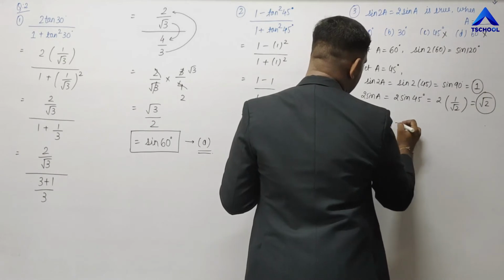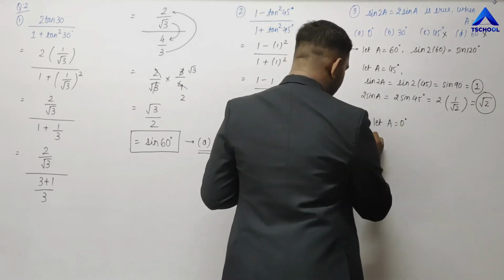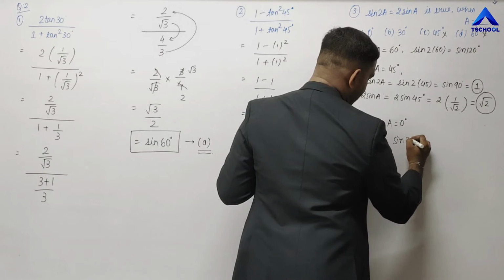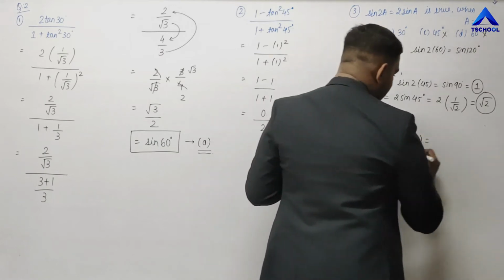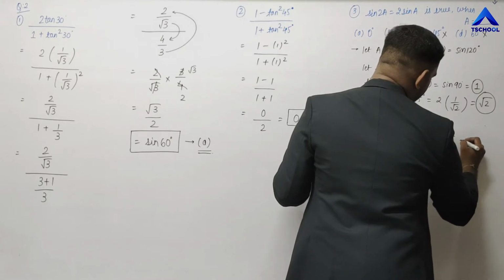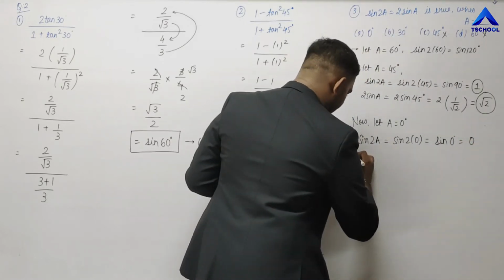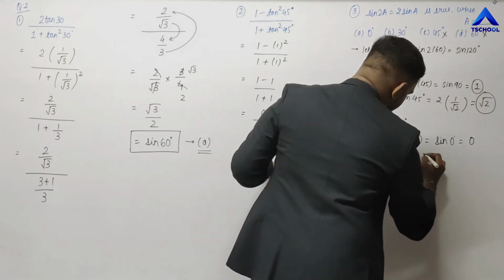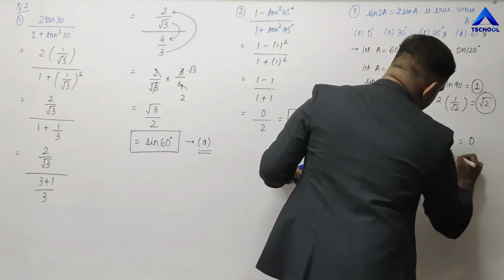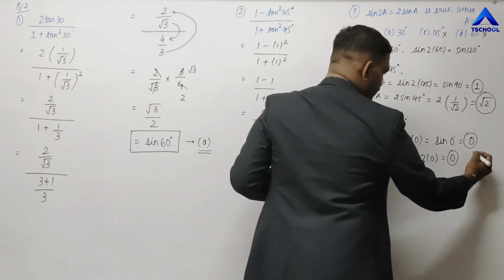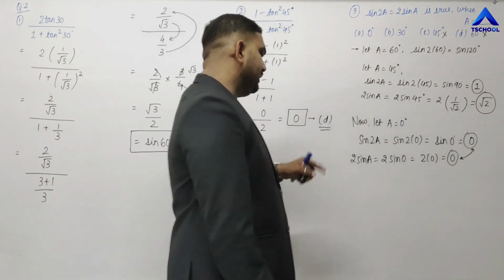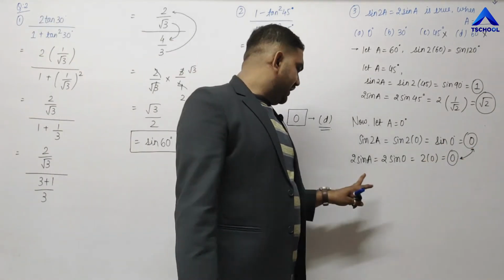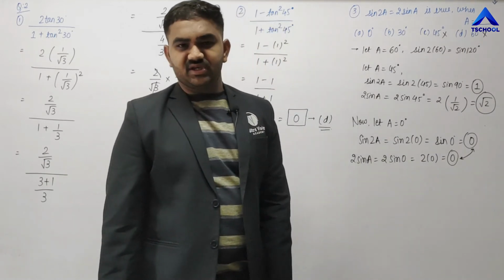You can similarly check out 30 also, but now let a equal to 0 degree. First of all we will find out sin 2a, which is equal to sin 2 into 0. What is sin 2 into 0? Sin 0, and sin 0 is 0. And again 2 sin a, which is 2 sin 0, which is 2 into 0, equal to 0. So for a equals 0 degree, sin 2a is 0 and 2 sin a is also 0, which are equal.